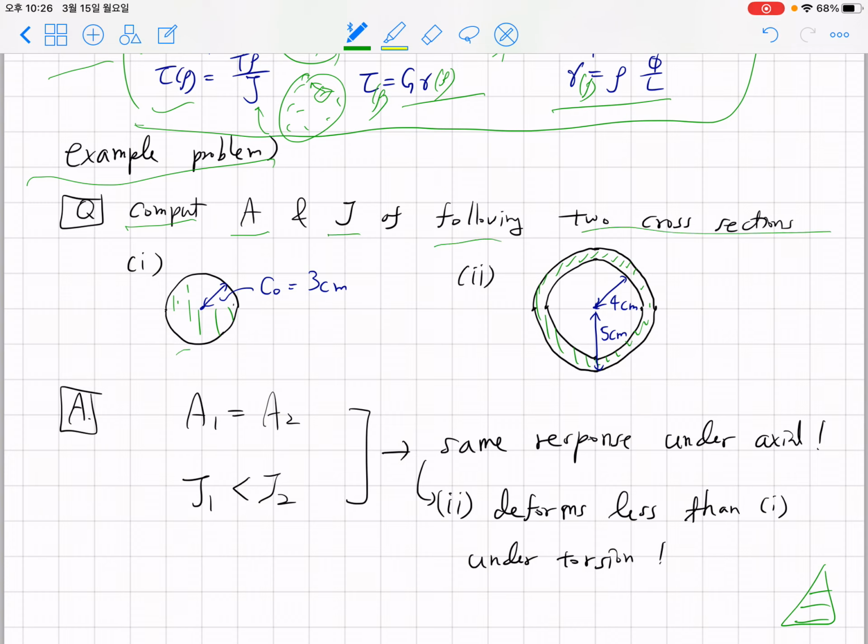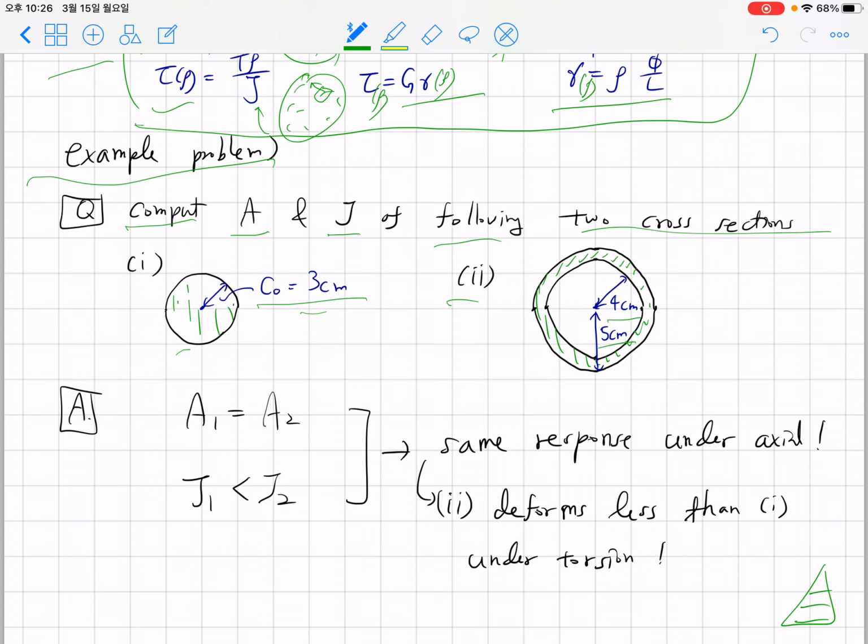The first one is a solid circular cross section with radius 3 cm, and the second one is a hollow circular shaft with outer radius 5 and inner radius 4. Then what we can realize is that because we have a simple 3, 4, 5, there must be an intention.